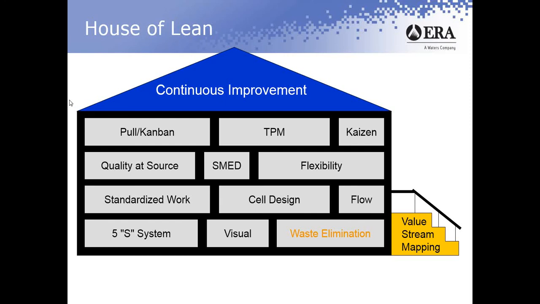And then as you get more comfortable with the foundation, you start building up to the other tools: your standardized work, your cell design, your flow, your flexibility, your quality at the source, your pulls, your Kanbans, etc. And it all starts with understanding your business and your process flow, which is really your value stream.